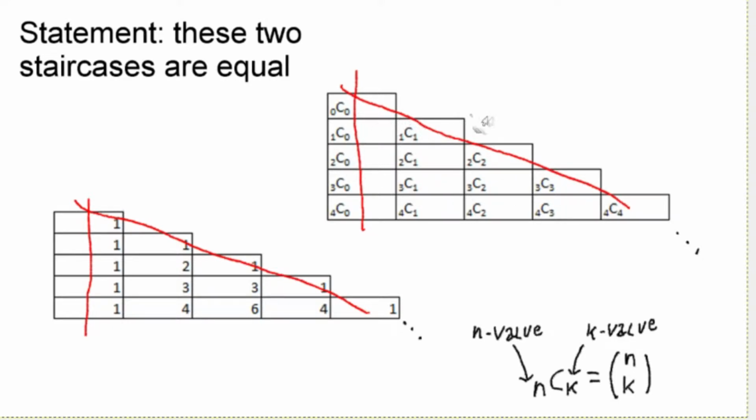But what about all of the other boxes? How do we know they are identical? Well, we know it because of an important combinatorics identity that we have to look at and then prove. It says that if you have n choose k plus n choose k plus 1, then you end up with n plus 1 choose k plus 1.